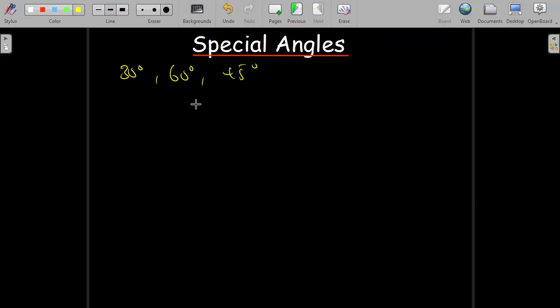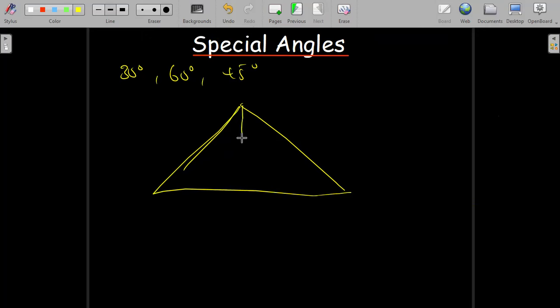So if we have a triangle, let's say we have an equilateral triangle, by an equilateral triangle we understand that all the sides are equal. So let's say I have this triangle here, all sides equal. Well, mine is not really drawn to scale, but I'm sure you get the point.